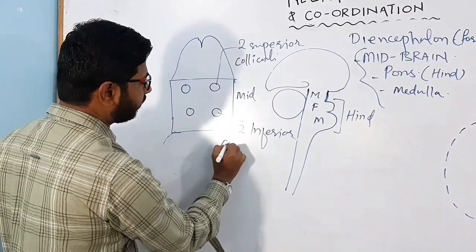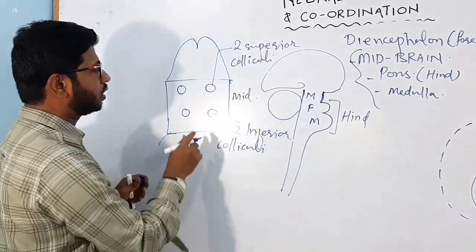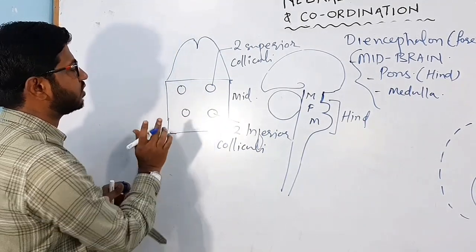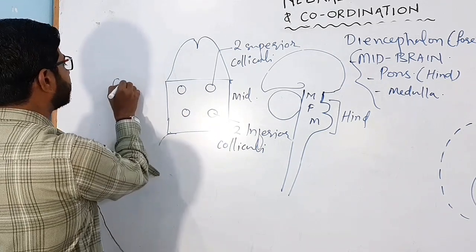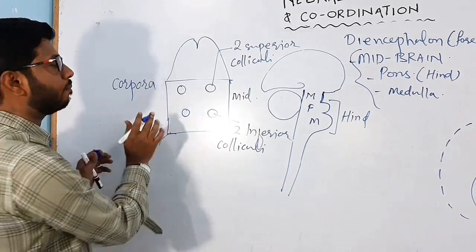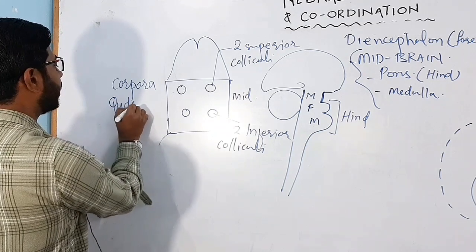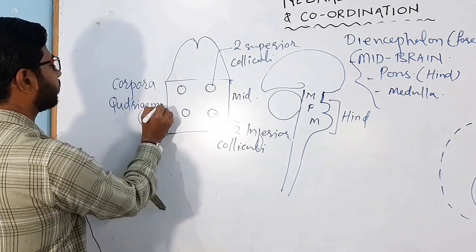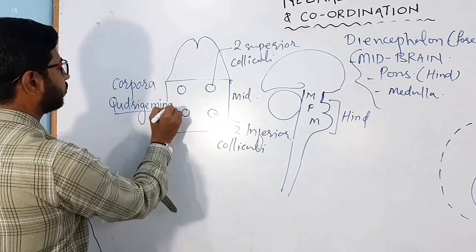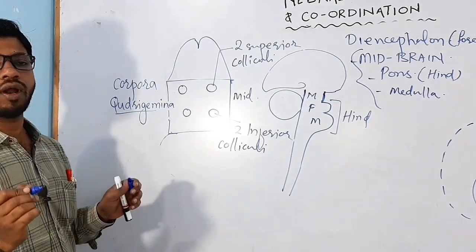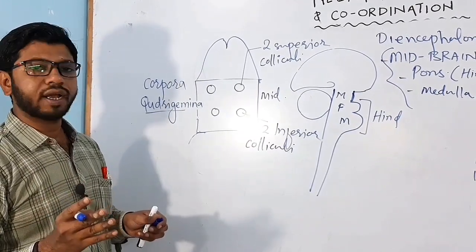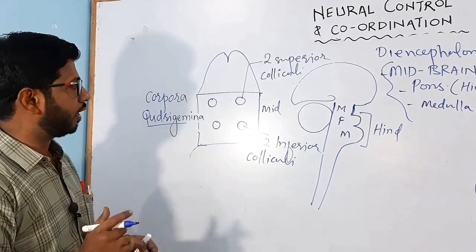So there are four spherical projections. All four spherical projections are collectively known as corpora quadrigemina, because they are four in number. These four spherical projections are located on the posterior side of the midbrain.